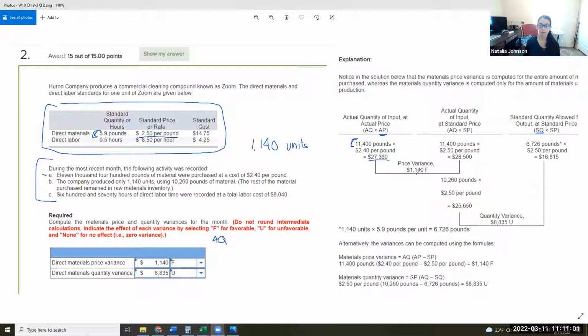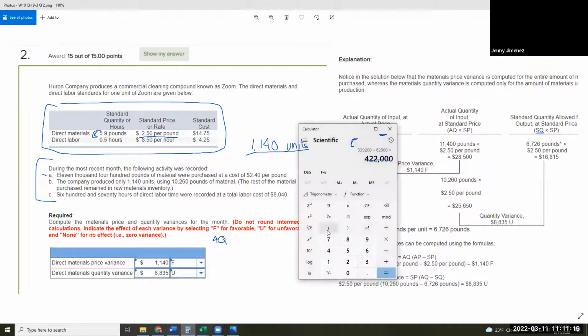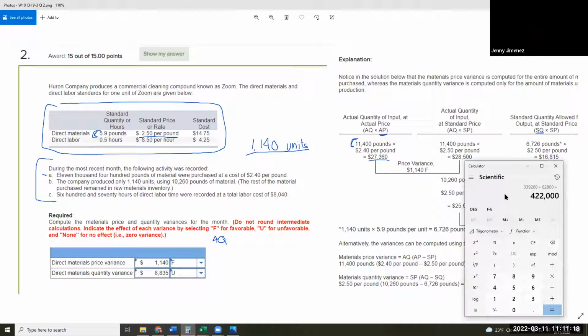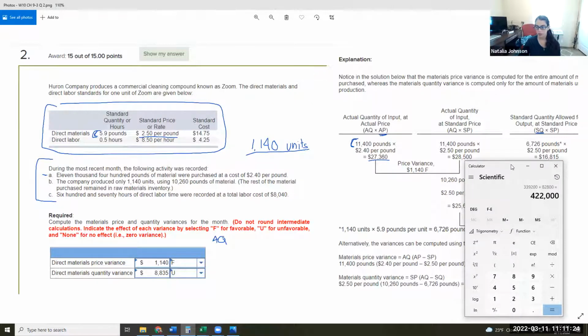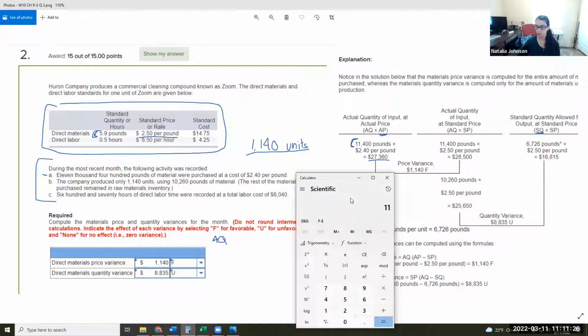That's what we were talking about, because the standard quantity is the pounds times the actual units produced. So if you multiply 1,140 times 5.9 pounds, that is the standard quantity right there, 6,726.